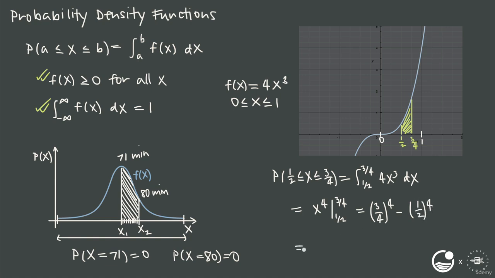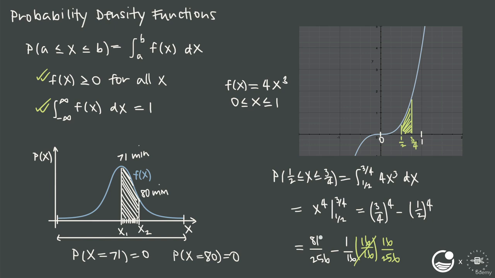And then if we do this math by hand here, we'll get 3 to the 4 is 81, and 4 to the 4 is 256, minus 1 to the 4 is 1, and 2 to the 4 is 16. If we find a common denominator by multiplying this second fraction by 16/16, then we can call this fraction here 16/256 instead of this.